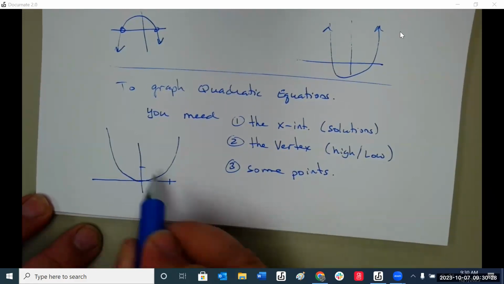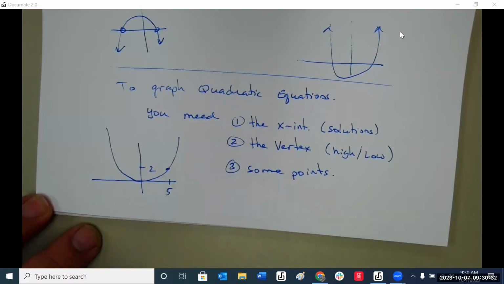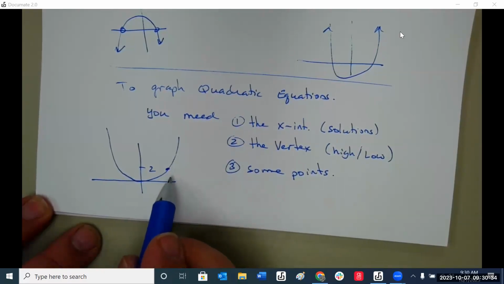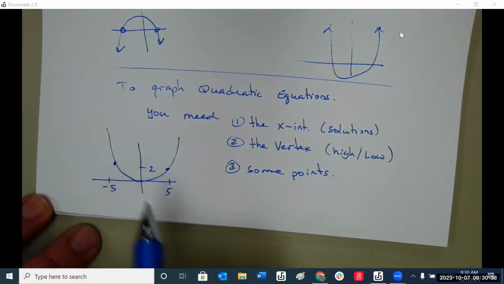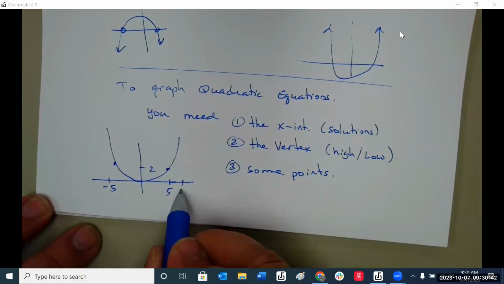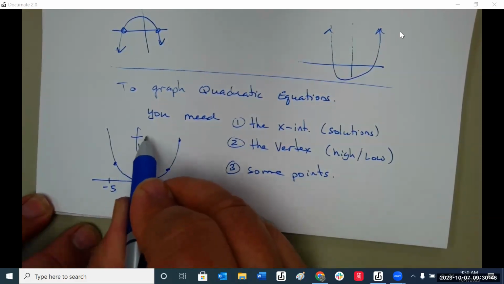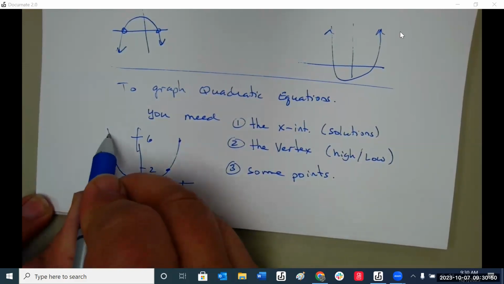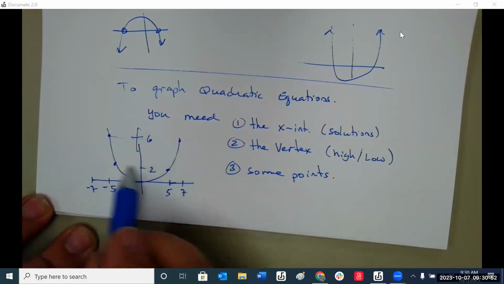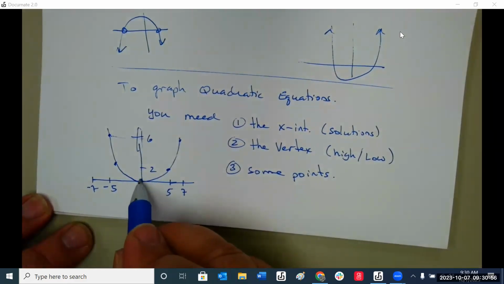So if I had a point here at 5, 2, I know by symmetry that there's also a point here at -5, 2. If I have one at 7, 6, I know I have to have one here at -7, 6. They have to be symmetrical. The vertex is right here.